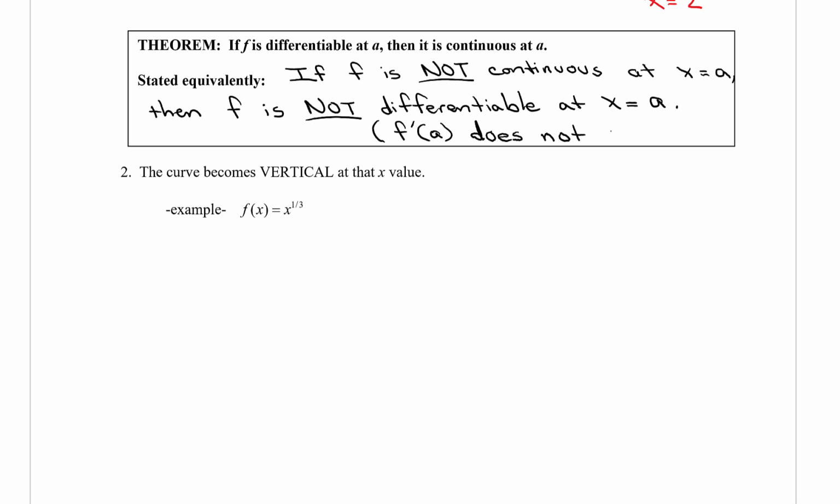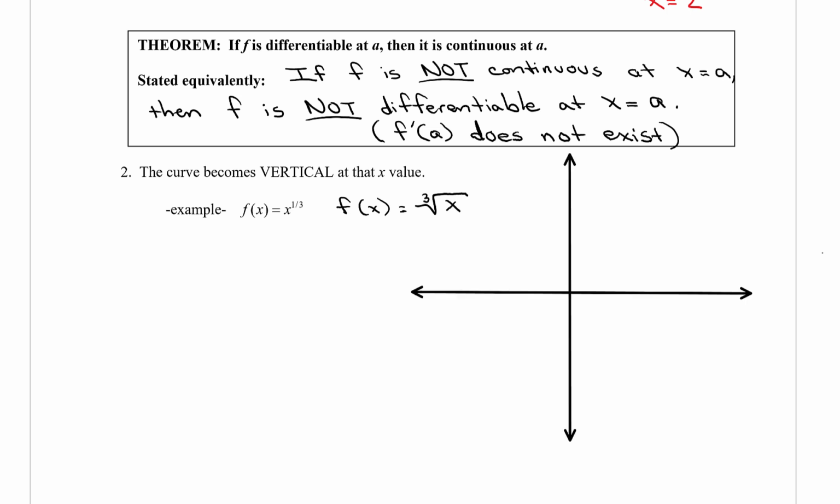So here for our second example, the curve becomes vertical at that x value. And the example here is f of x equals x raised to the 1/3 power, which is also equivalent to f of x equals the cube root of x. I'm going to draw a coordinate plane here, and I'm going to draw a sketch of this function.